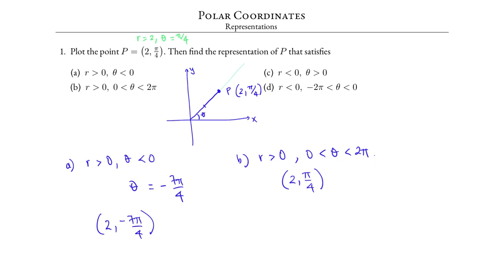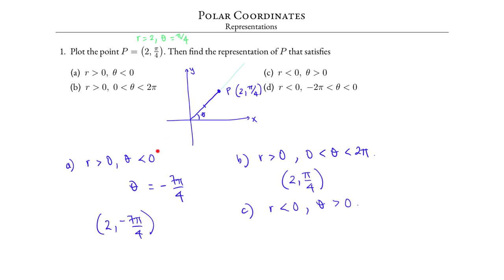To obtain a representation where the radial coordinate is negative while the angle is positive, we would first go to the opposite side of where we wanted to end up. We want it to be in the first quadrant, so we would first need to go to quadrant 3.